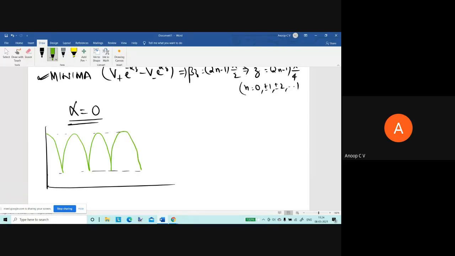So this is V max and this is V min. So if alpha is equal to 0, we found V max is equal to V plus plus V minus, and V min is V plus minus V minus, right.